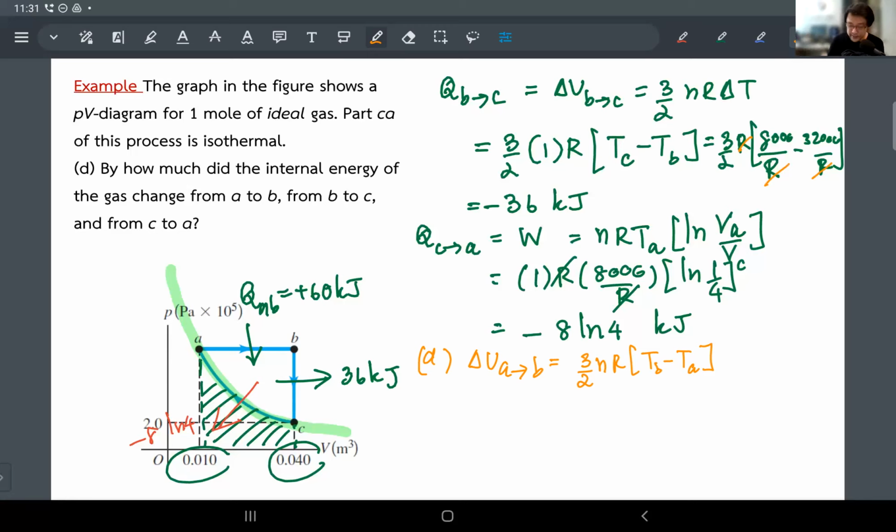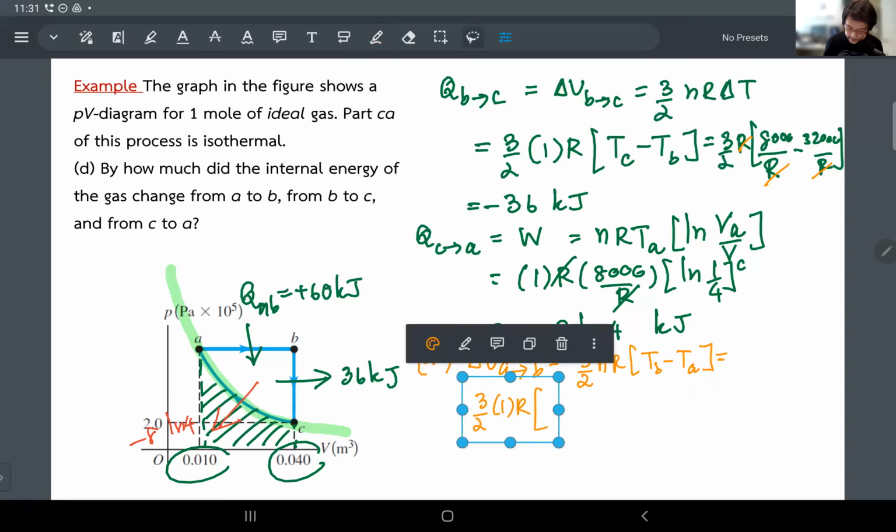But anyway, that's not too bad here. What we can get from here is just substitute in the number. N is 1, R is there, temperature at B is... I should just move down here. Sorry. Okay, there you go.